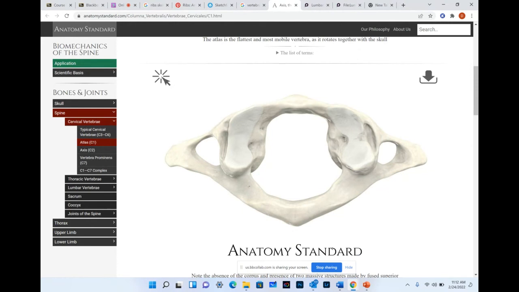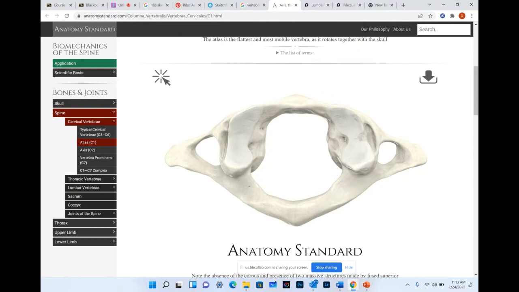Now look at this right here. Do you see this right here? Right here is a facet for dens. So you are looking at the smaller arch. The big arch is posteriorly present. Anteriorly, you have the shorter arch. And there you are going to see the facet for dens. So atlas has the facet for dens right here.